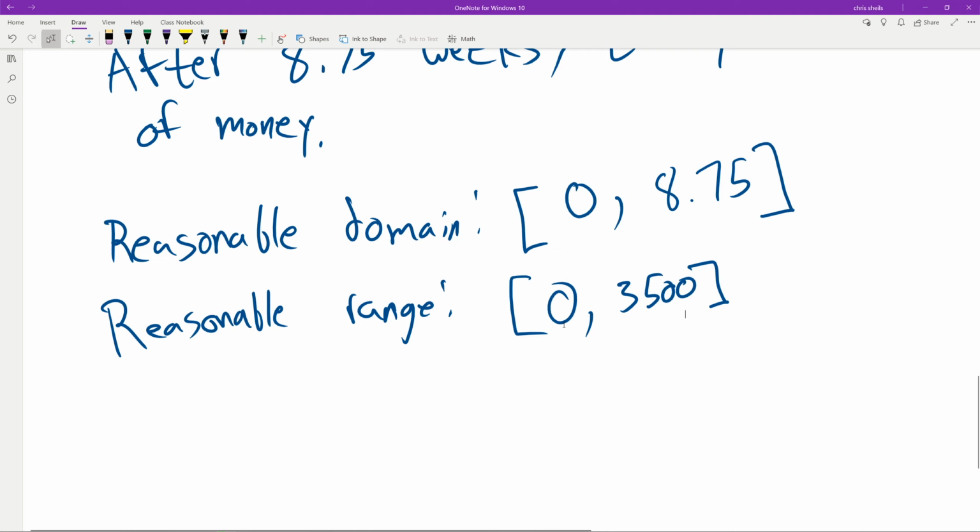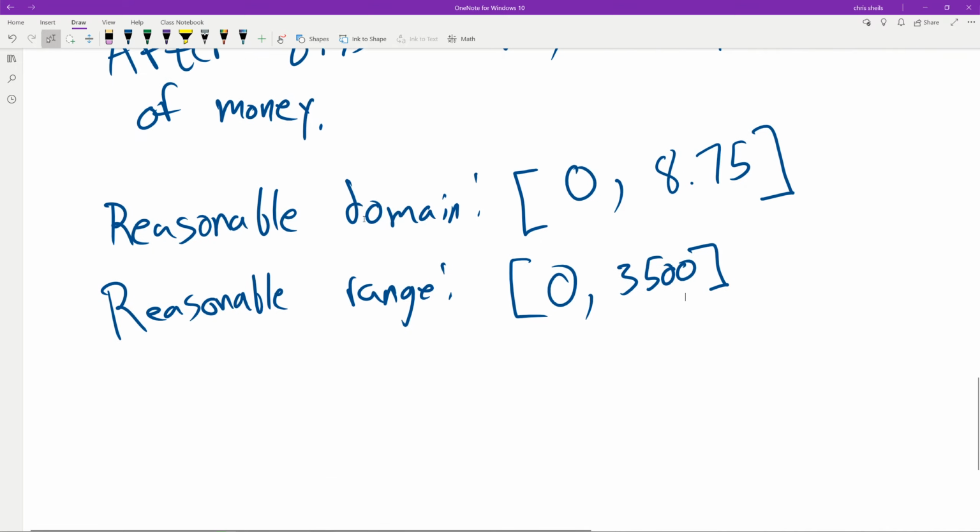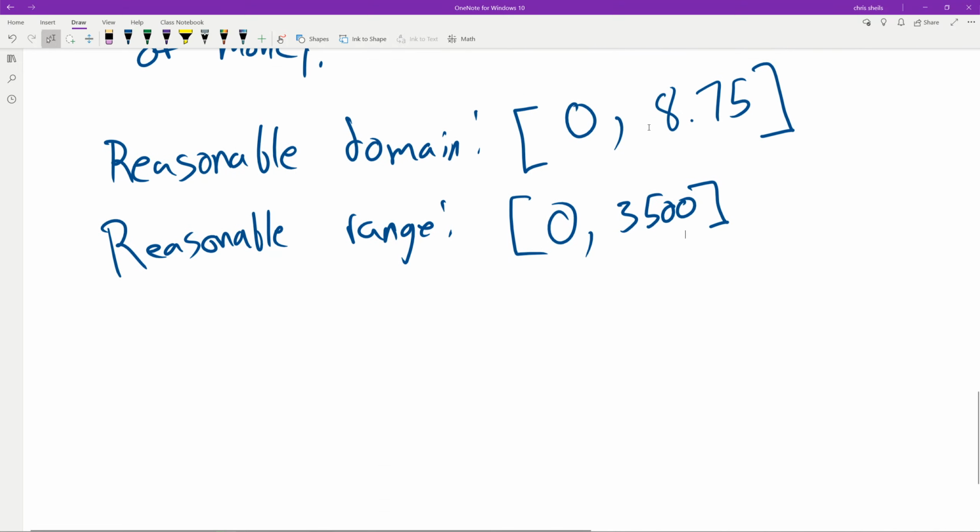Therefore, the range here would be 0 to $3,500. And this is precluding the possibility of going into debt to stay here longer, for instance, right? I mean, if you save up $3,500 to go on vacation, you probably shouldn't go into debt to stay on vacation longer. I mean, that's a lot of money, right?